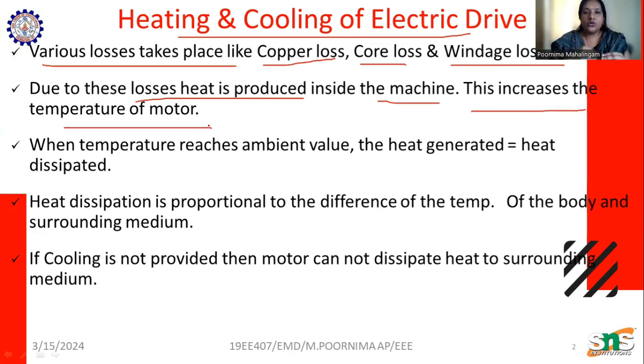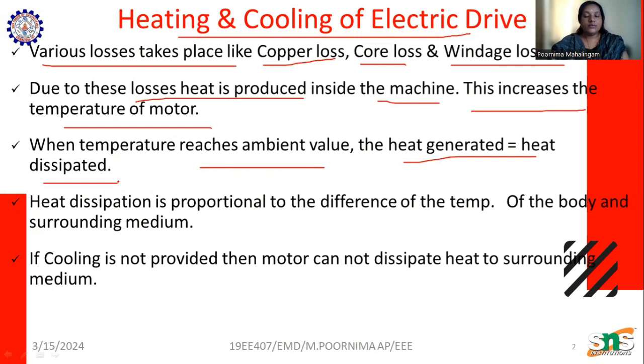Because of the heat produced inside the machine, the temperature of the motor also increases. When the temperature of the motor reaches an ambient value, the heat generated is equal to the heat dissipated.